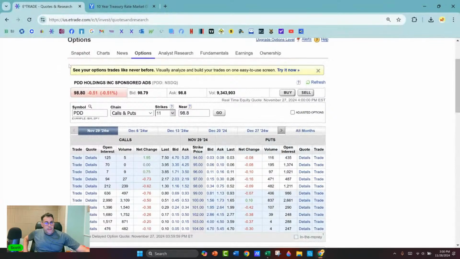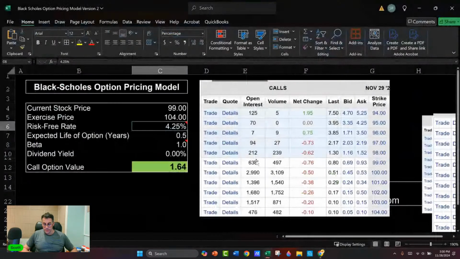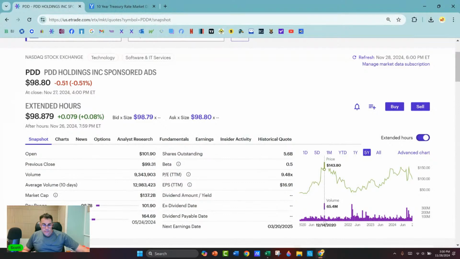Let's get the beta. 0.5. It's a really low beta. Do they pay a dividend? No.